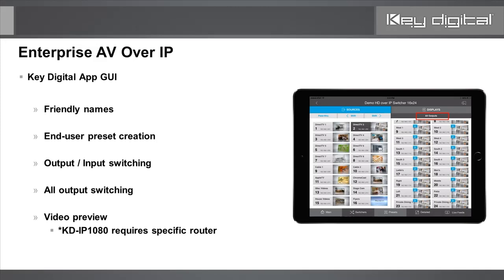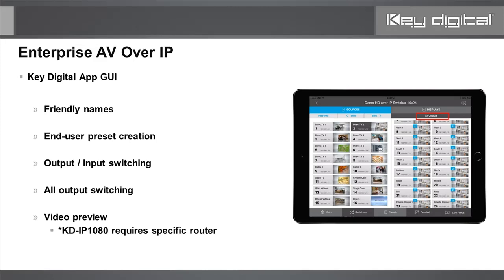Now, the video preview for the KDIP1080 does require a specific Wi-Fi router, since you're going over an iPad here, a specific Wi-Fi router, which is provided the model number in the Verified Network Switches Guide.